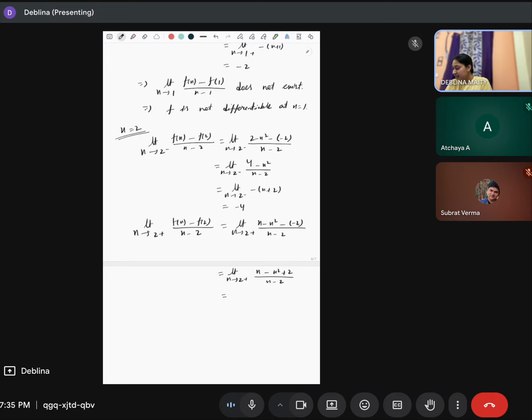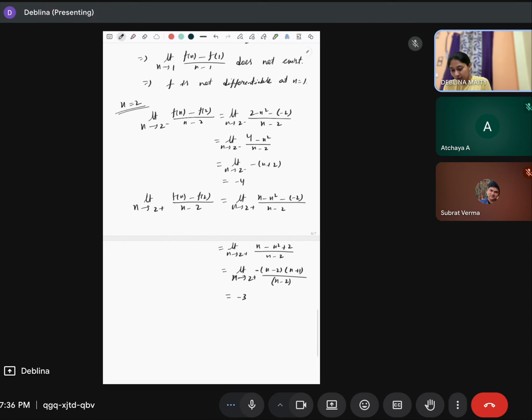If we break it, then it will be (x minus 2) into (x minus 1), with some minus sign. Then it will be minus 3.